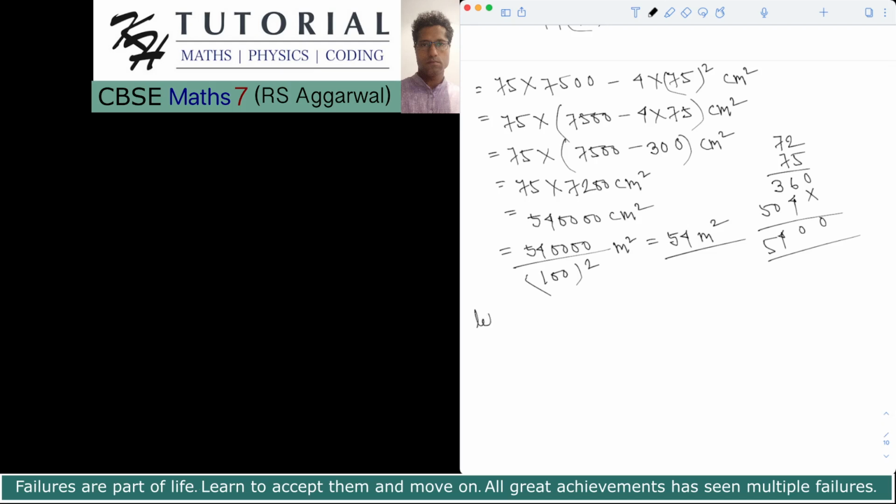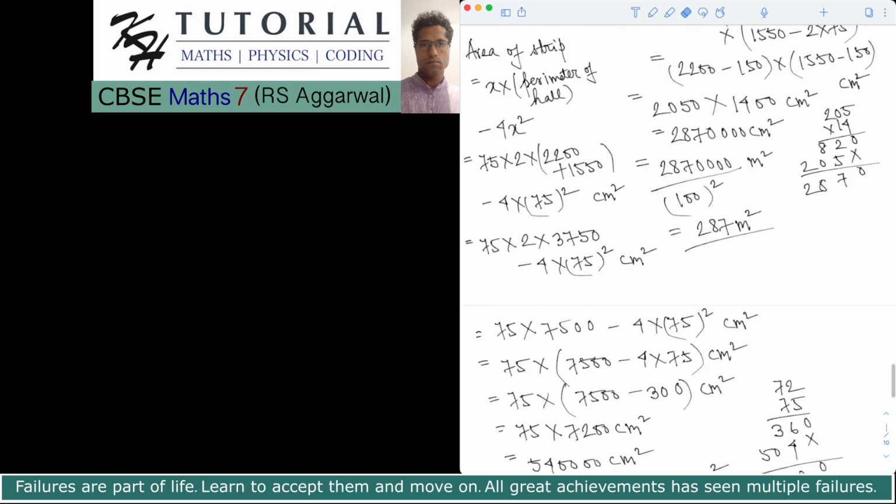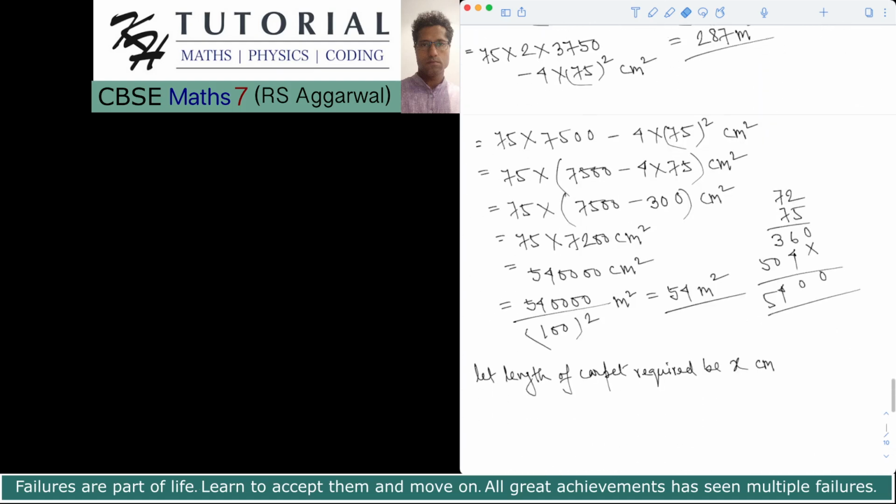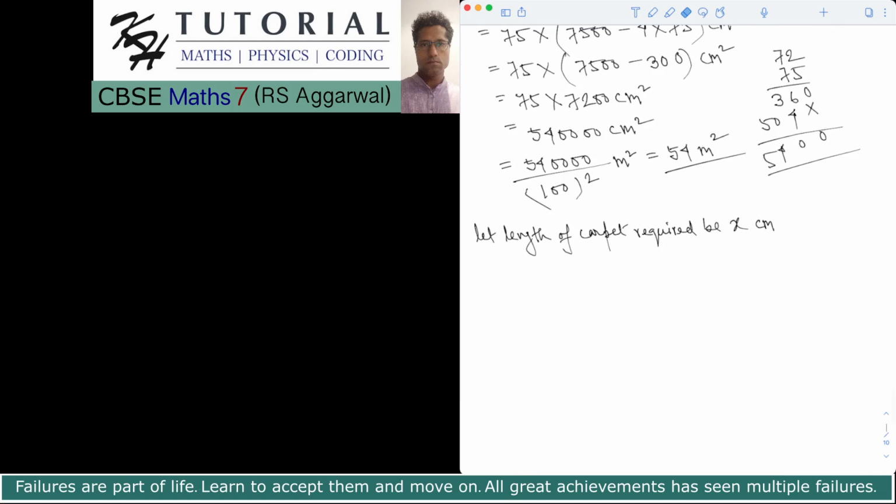So let the length of the carpet required be x centimeter. Okay, not x centimeter; since the rate of the carpet is given as rupees 60 per meter, let us assume the length of the carpet required be x meter.